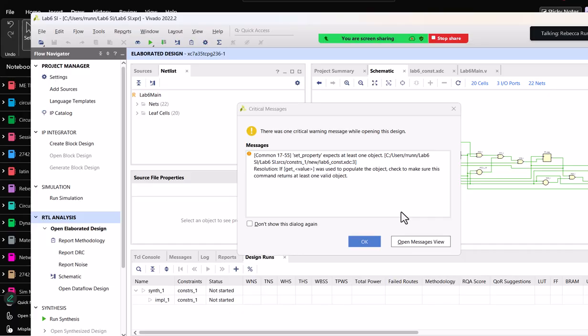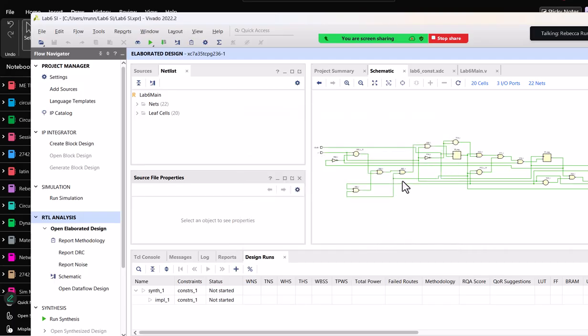So this was the error that I said you were always going to get, or a critical warning message. It's usually going to be about the clock. Constraint line 3, that's probably the clock.